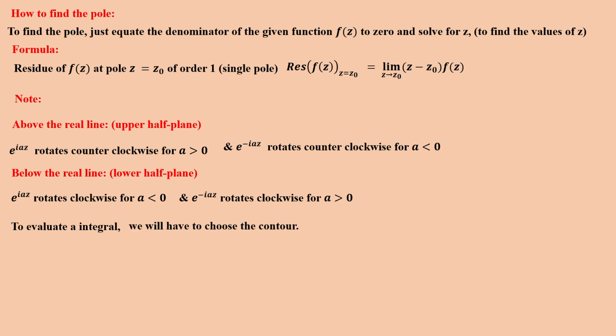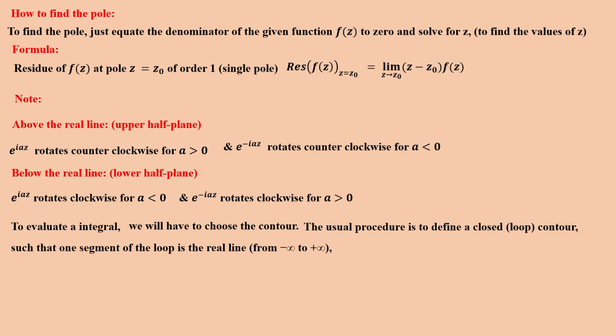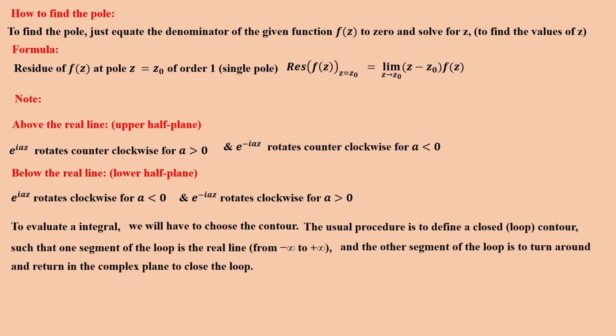To evaluate the integral, we have to choose the contour first. The usual procedure is to define the closed contour such that one segment of the loop is the real line. So it is on the real line, minus infinity to plus infinity, a straight line. Then you have to take the route of the semicircular path, and the other segment of the loop turns around and returns through the complex plane to close the loop.